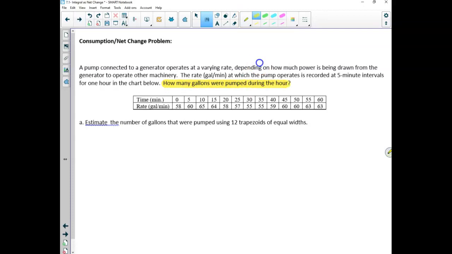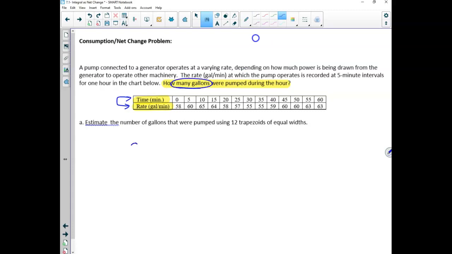What I always did was look at the units they gave me, and I thought, how do I take these units and make them into the units of my answer?